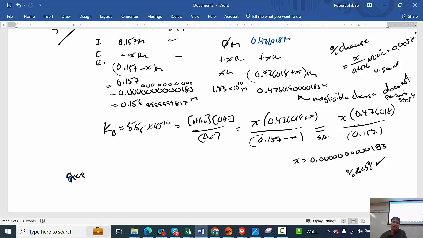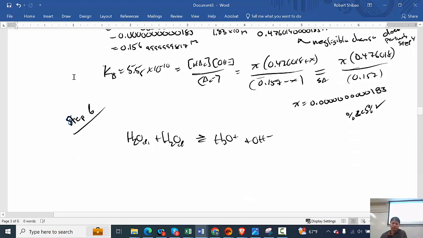So this is going to be step 6. Hydronium, we're going to start at 0, but should we start at 0 with hydronium?